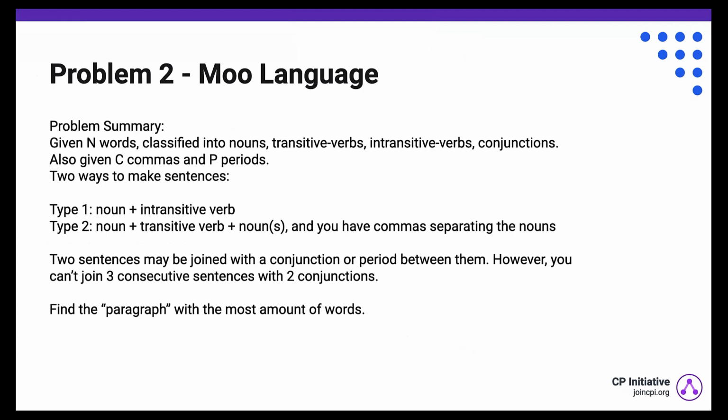The first is a noun and an intransitive verb, and the second is a noun, a transitive verb, and then more nouns, but you have to have commas separating those nouns. Then 2 sentences can be joined with a conjunction or a period, but you can't join 3 consecutive sentences with 2 conjunctions, and we want to find a paragraph with the most words.